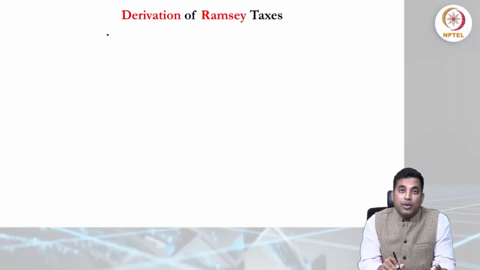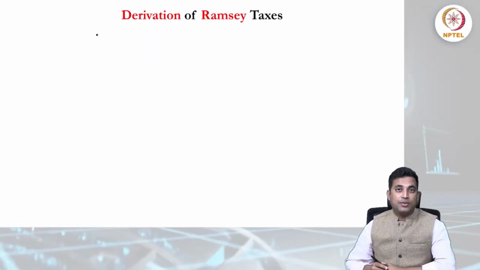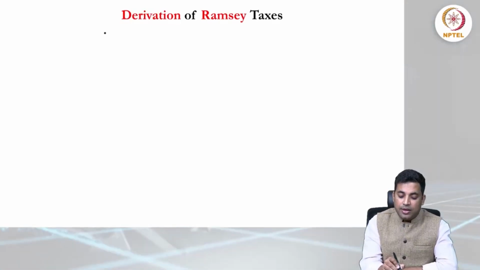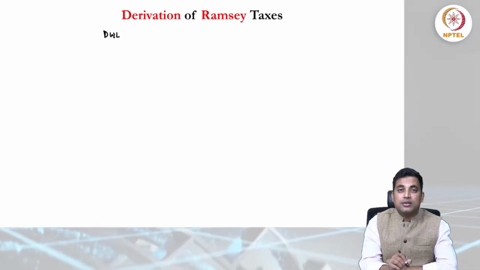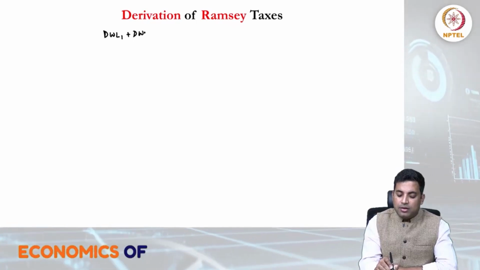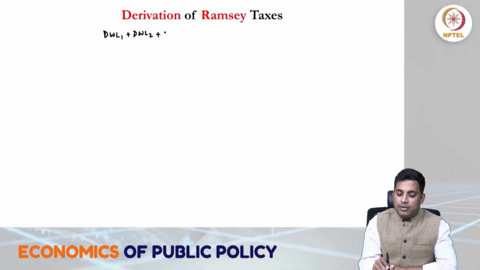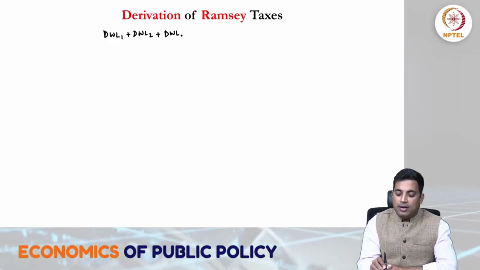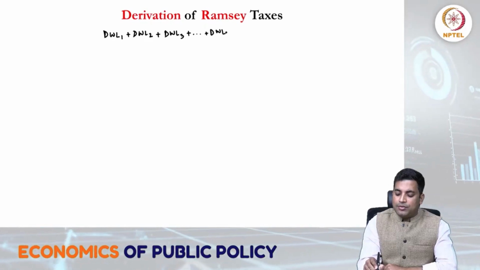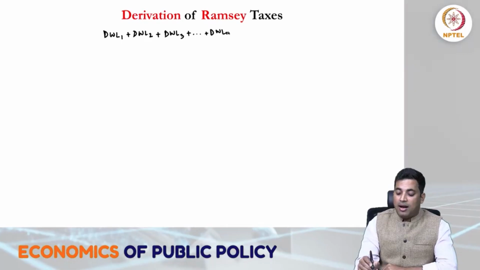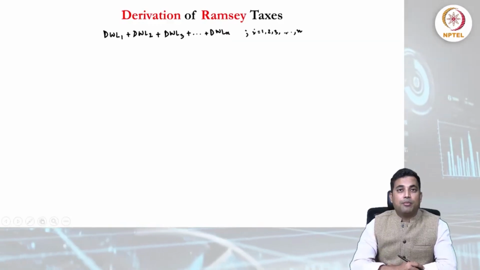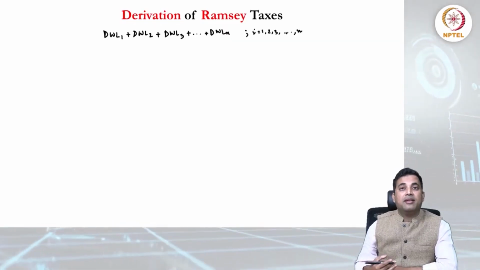Here we know the losses, the social welfare losses, and we also know how to calculate them through the deadweight loss. Say deadweight loss for individual 1, then deadweight loss for individual 2, which we sum up with deadweight loss for individual 3, likewise deadweight loss for n, where i equals 1 to n, so there are n members of the population who are actually paying the taxes.